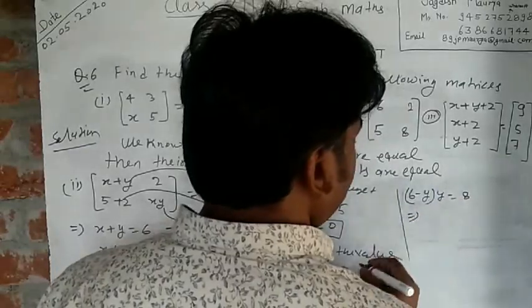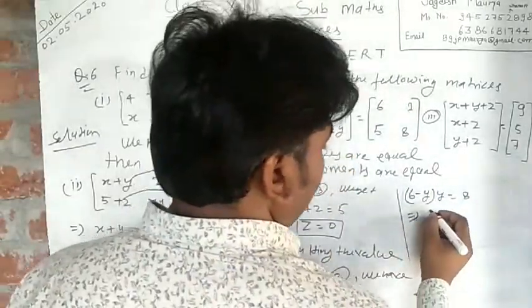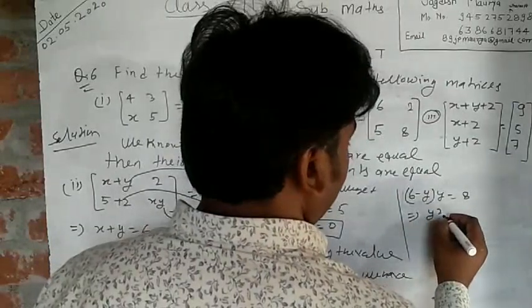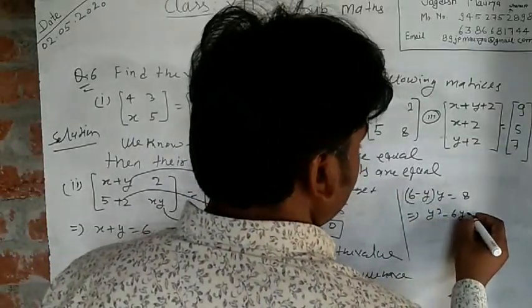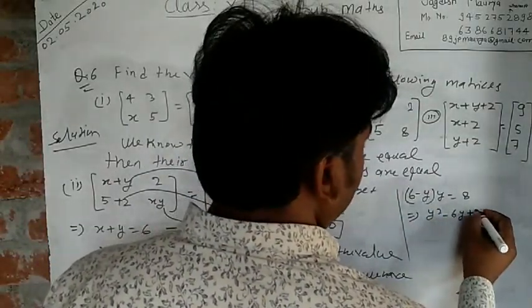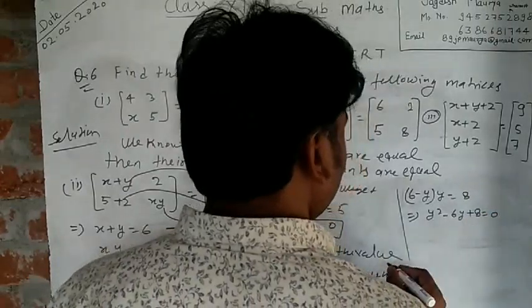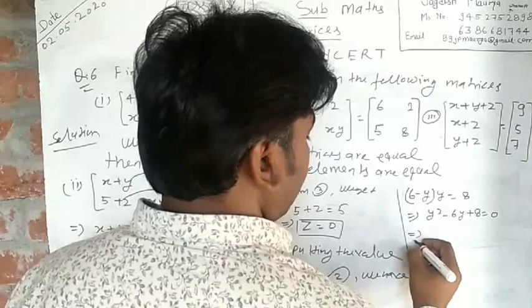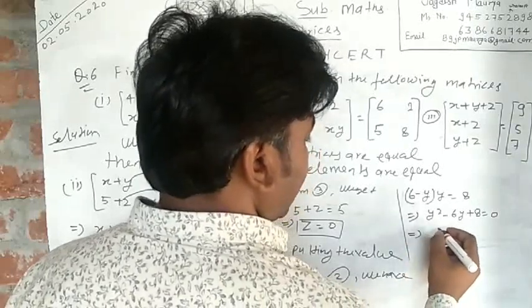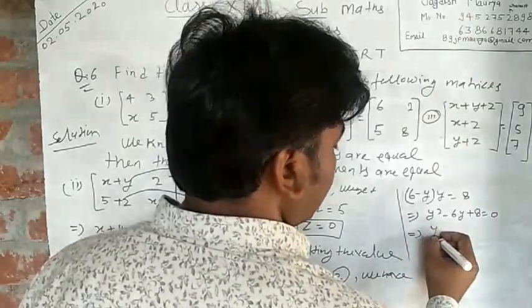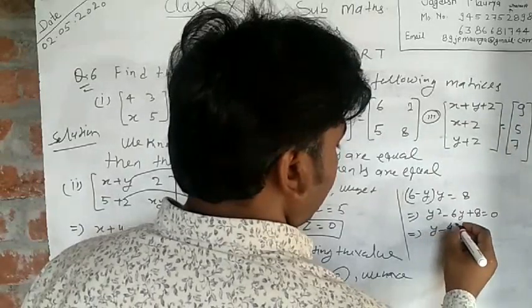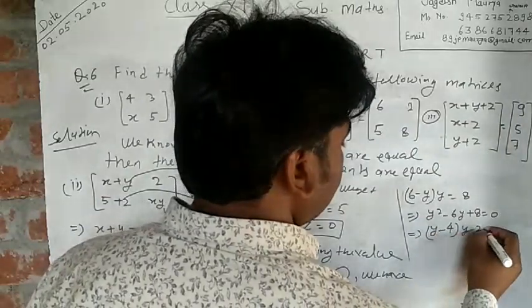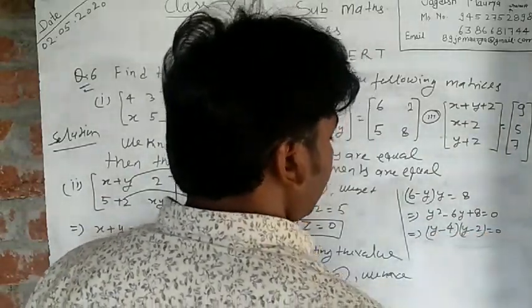This implies that y square minus 6y plus 8 equal to 0. This is a quadratic equation. Now solving, (y minus 4)(y minus 2) equal to 0.